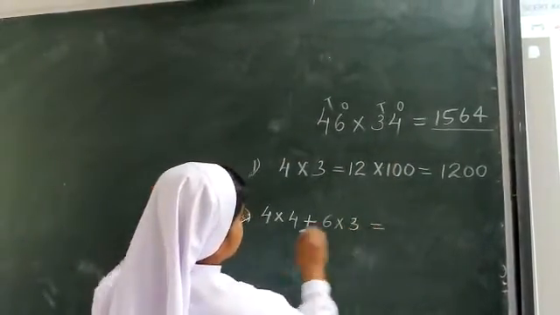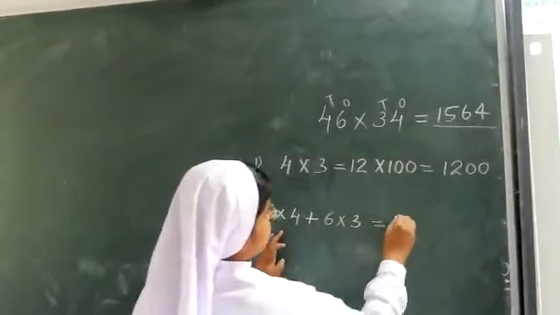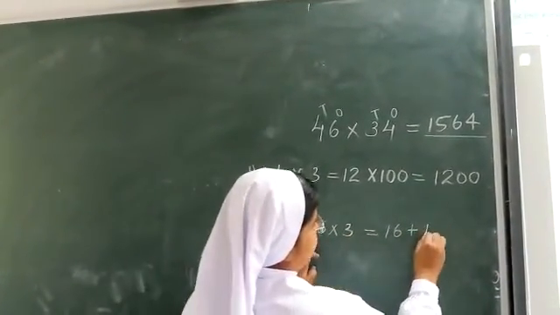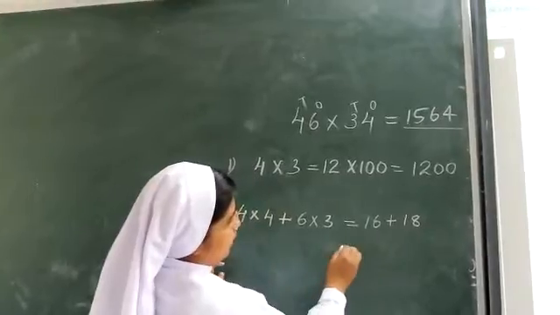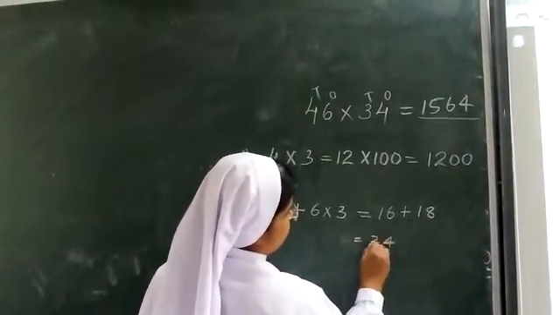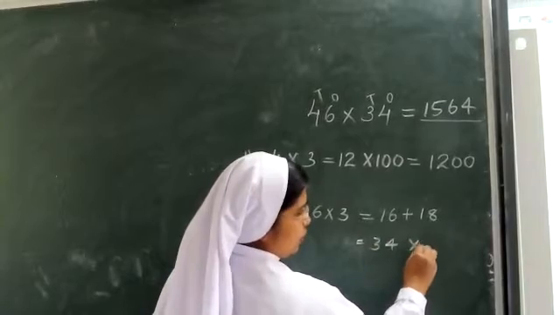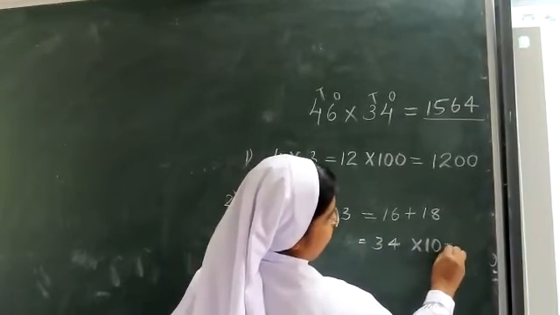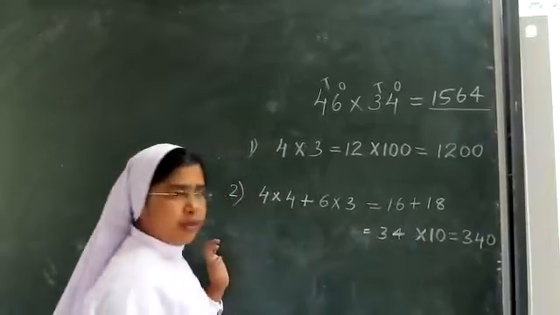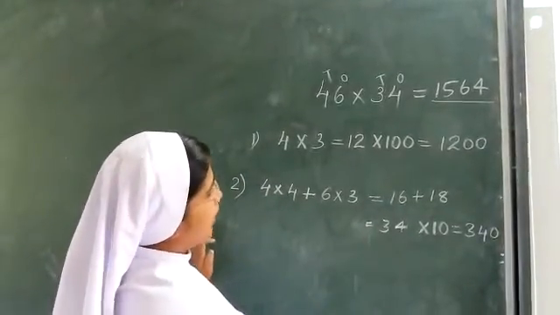That is equal to how much? 4 into 4 is 16, plus 6 into 3 is 18. So how much will you get? 34 into 10. So what will we get? 340. Okay, so you get 340.